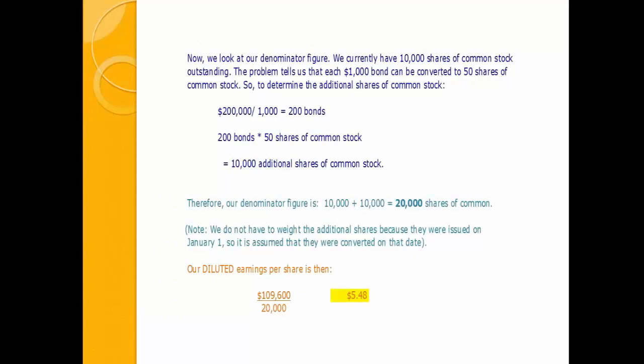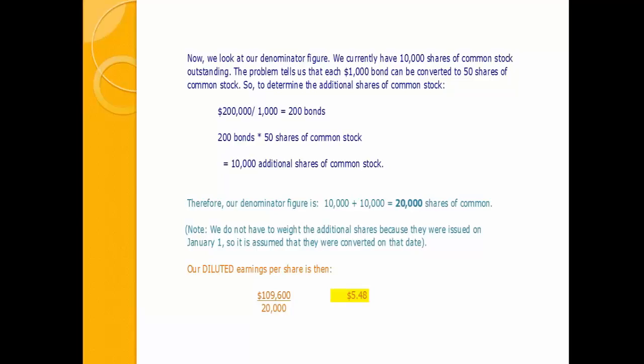Now, we look at the denominator. We currently have 10,000 shares of common stock outstanding. The problem tells us that each bond can be converted into 50 shares of common stock. So to determine the additional shares, we have $200,000 divided by $1,000, so it's 200 bonds. 200 bonds times 50 shares is an additional 10,000 shares of stock.